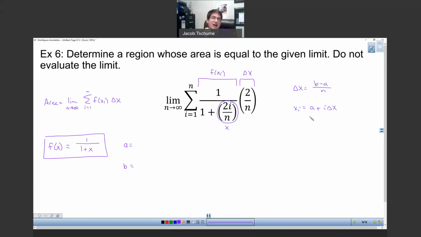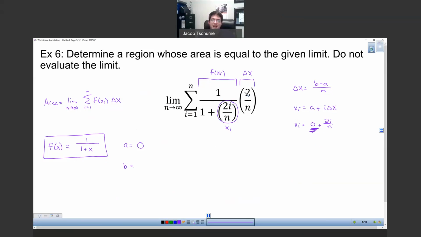The first thing that I notice is that inside of my parentheses here, there's not a number being added to the i over n, which means that if my x sub i is equal to just 2i over n, then my a value is understood to be 0 because there's not anything being added to it. So I know that my a value is 0.